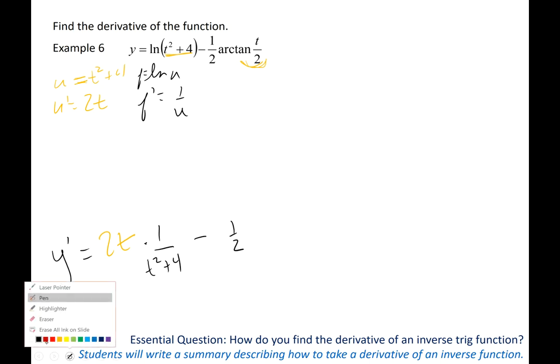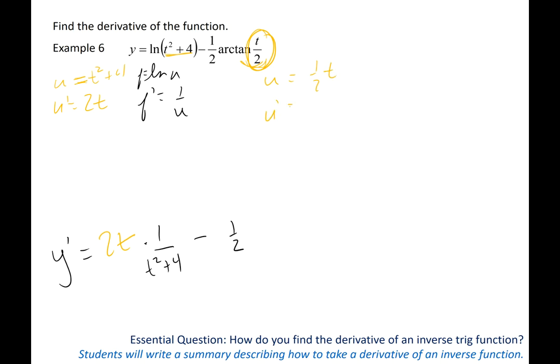All right, so then I've got to deal with my other u, which is this chunk right here. So u equals, I'm going to rewrite that as 1/2 t. So u prime has got to be just 1/2. And then my f is the arctangent of u, which f prime is 1 over 1 plus u squared.